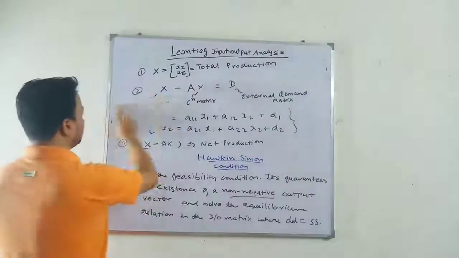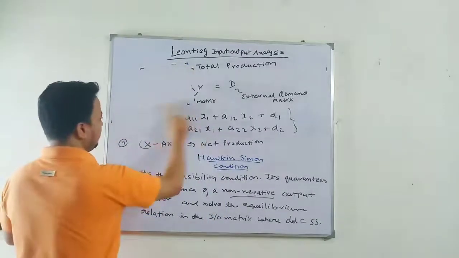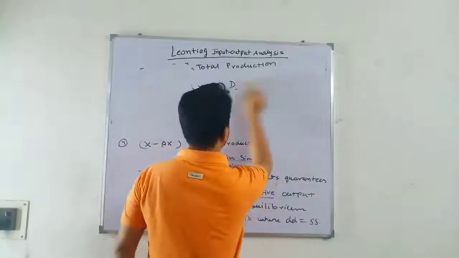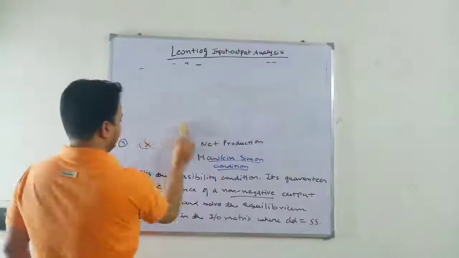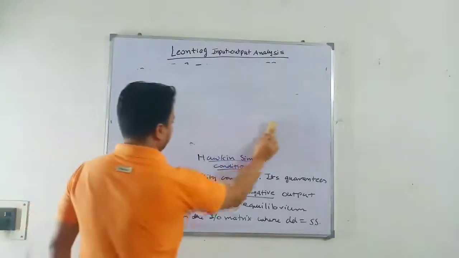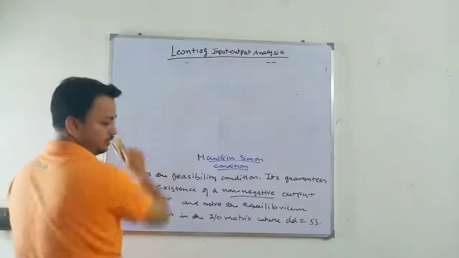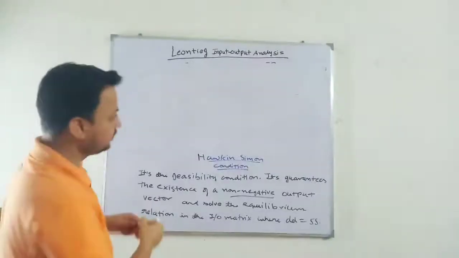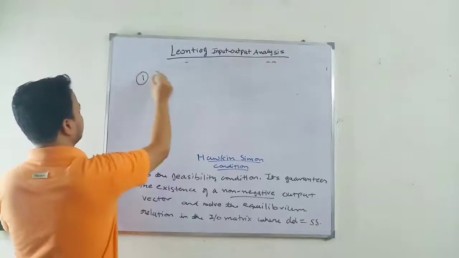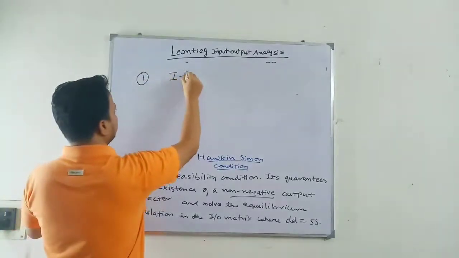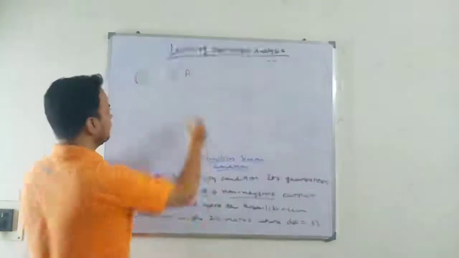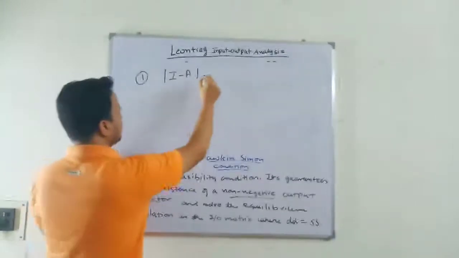What are those two feasibility conditions? Let me write it out. The first feasibility condition is that the determinant of this matrix must be positive.